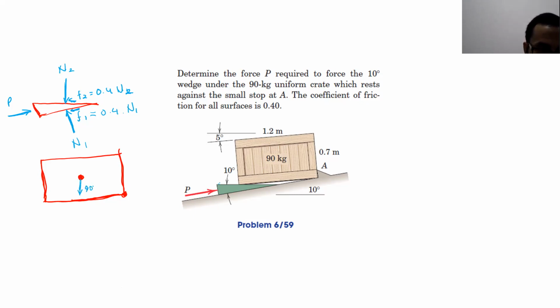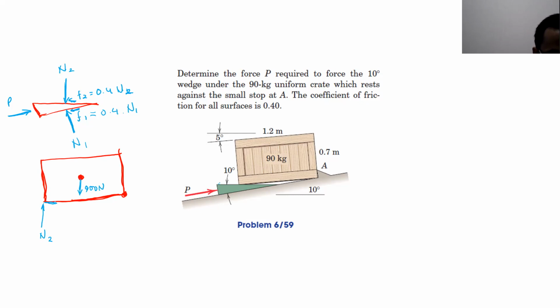You have 900 newtons going downwards and then N2 going upwards at the left bottom side. What else? And the friction F2 going to the right. Remember, to the right, and it's not making any angle.